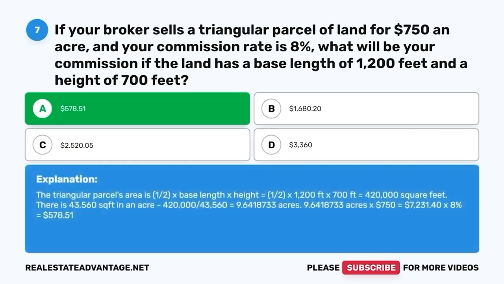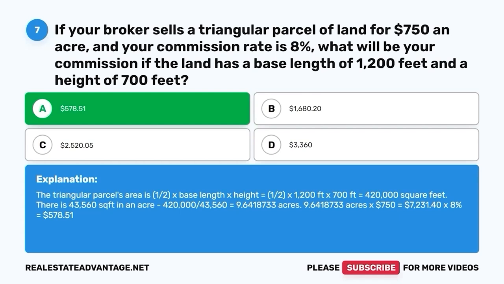$578.51. The triangular parcel's area is 1/2 times base length times height, equals 1/2 times 1,200 feet times 700 feet, equals 420,000 square feet.